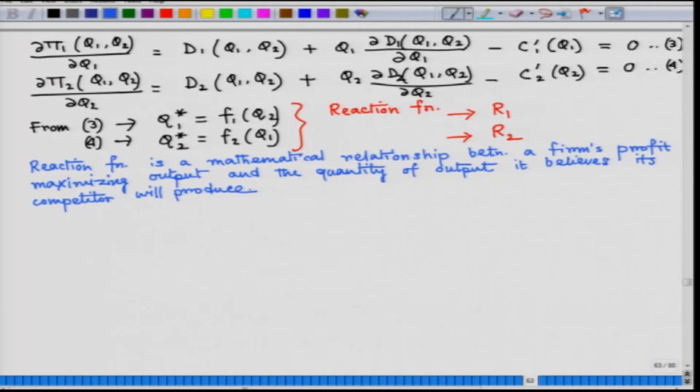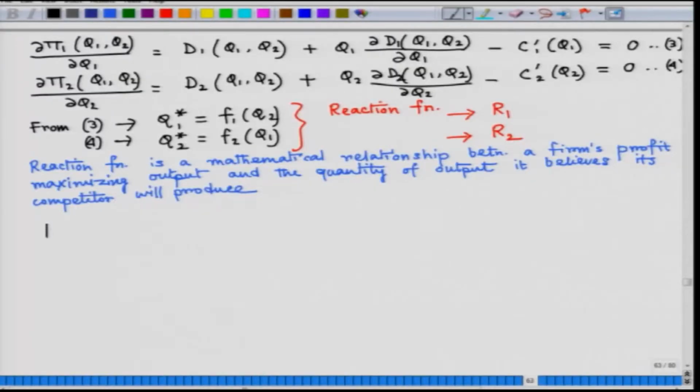Okay. So, now we are going to have a diagram to analyze how to derive the reaction function graphically and with the help of intuition. Now, we are going to concentrate on graphical analysis. We are going to have 2 panels of diagrams.